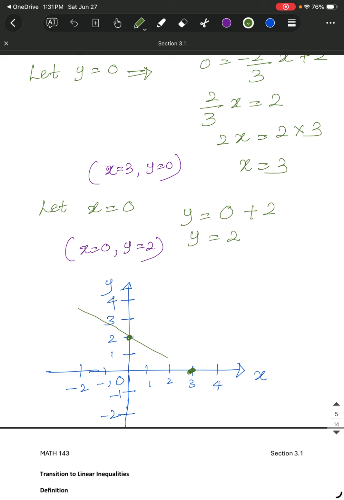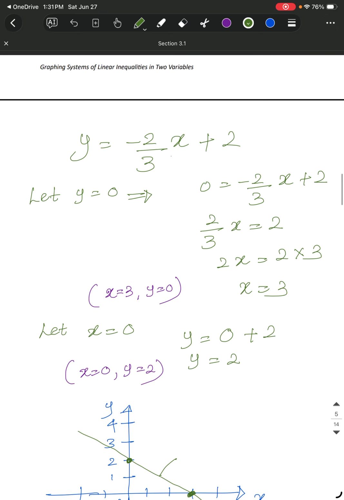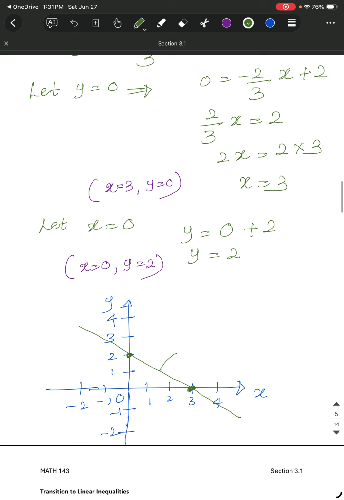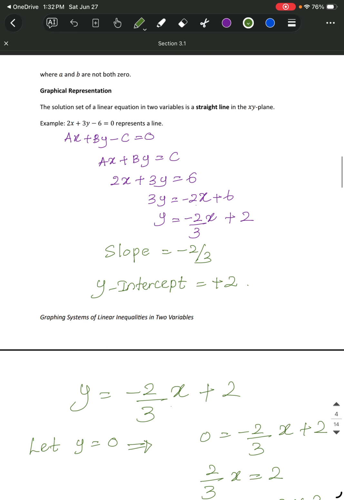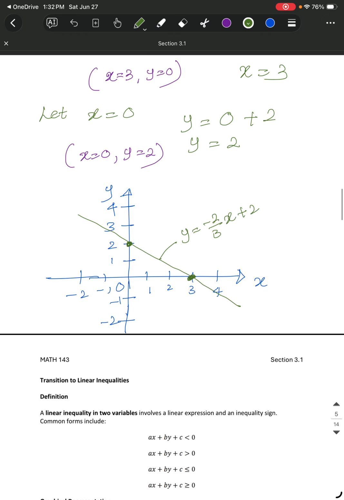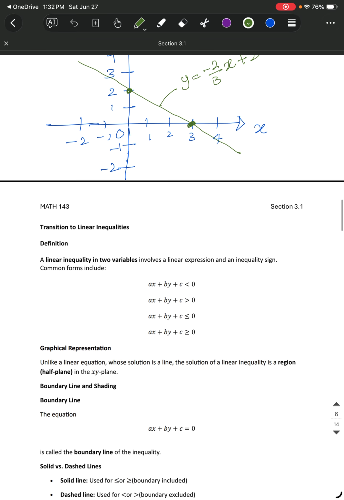The straight line passes through the 2 points. So we have the line y equals negative 2 over 3 x plus 2, or we can say 2x plus 3y minus 6 equals 0. Okay, then the transition to linear inequalities.